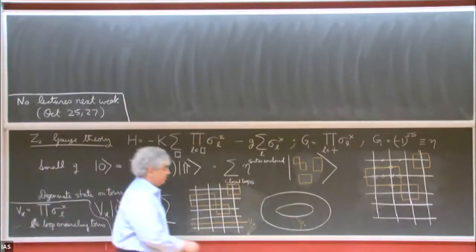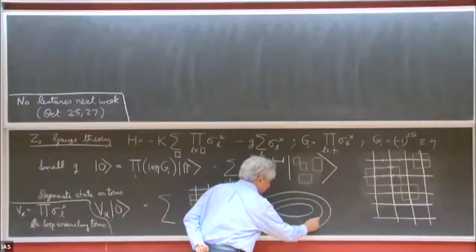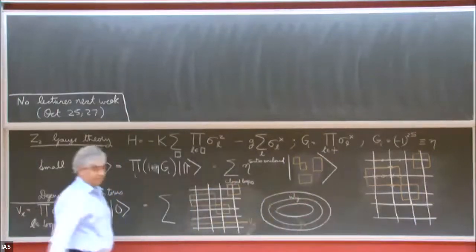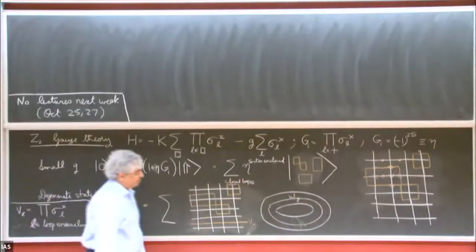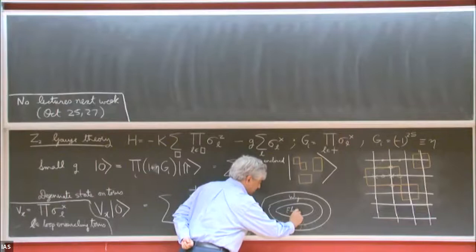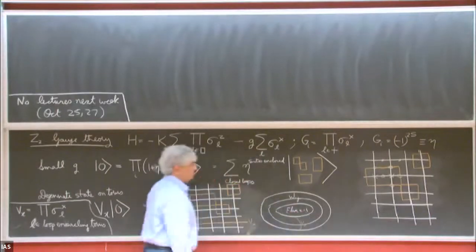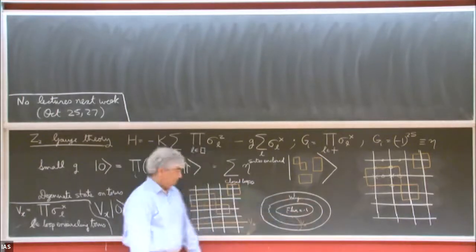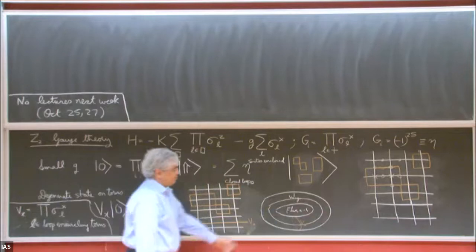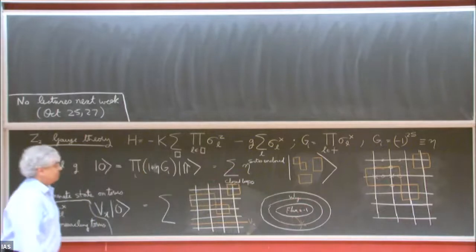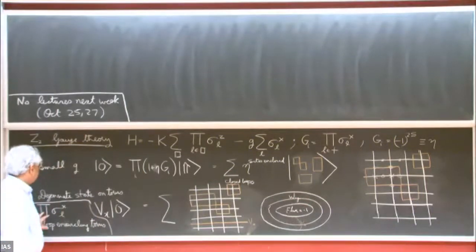But now if I take my other operator, Wy, which is on the direct lattice, Wy, remember, was the product of sigma z, then what I've done is put a Z2 flux through the whole of the torus. Wy is going to be -1, because Wy and Vx anti-commute with each other. And so I have a state with flux -1 through the whole of the torus. Okay, so the action of Vx is the same as inserting a flux through the whole of the torus.